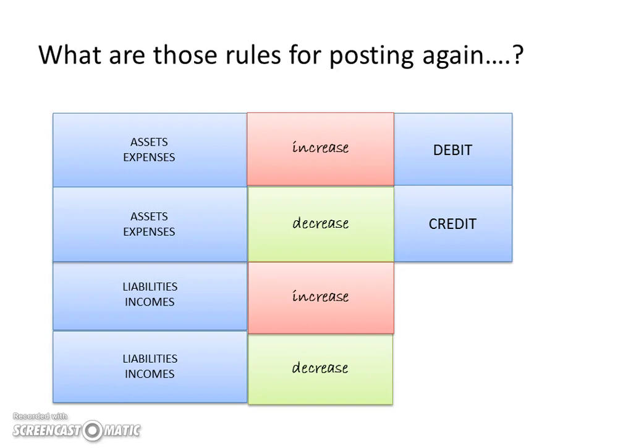If your liabilities or incomes increase, what should we do now? Yes, you credit. And if your liabilities or incomes decrease, then you debit. Those are the 4 rules to follow in order to post your information correctly.